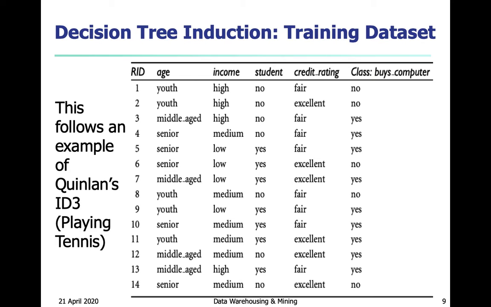Now, some basics of decision tree that you already know. I'm just pointing out some points regarding the decision tree. So what is it?